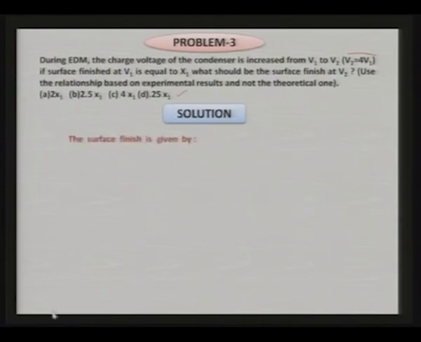The surface finish is given by the formula H equal to K7 Vv raised to power 0.5 C raised to power 0.131. Now, from this particular equation we can easily see that H is proportional to Vv raised to power 0.5, because this factor C and K7 will remain the same in this particular case.